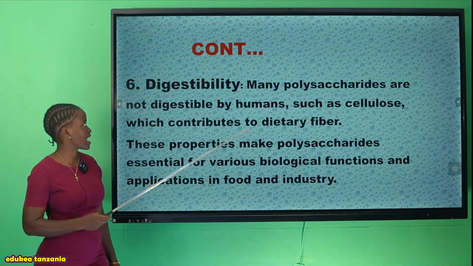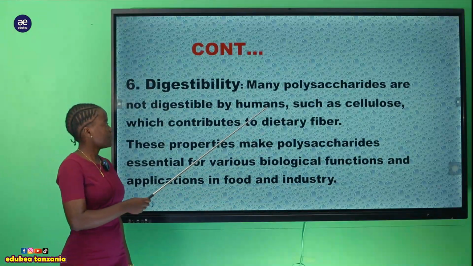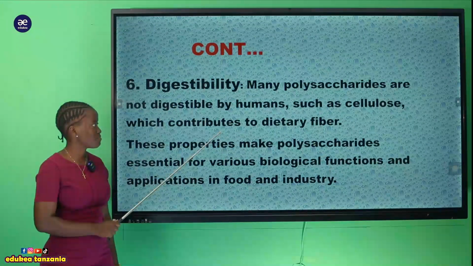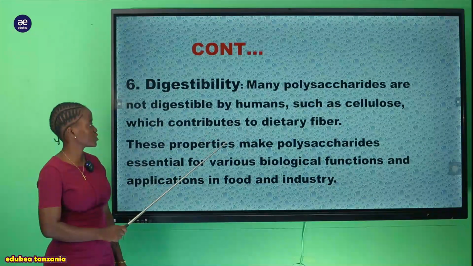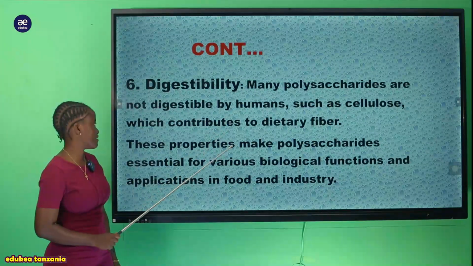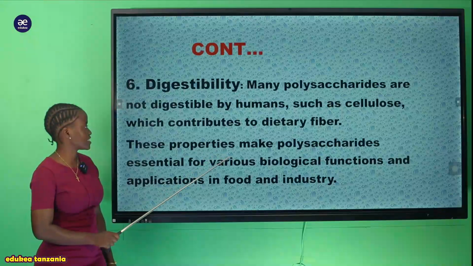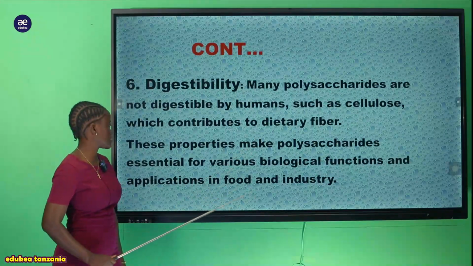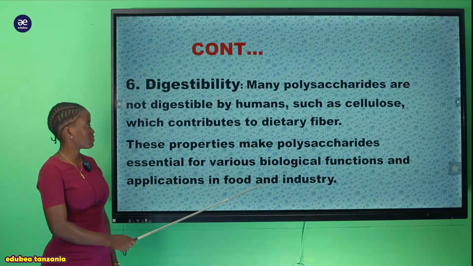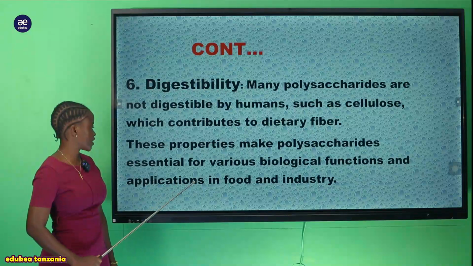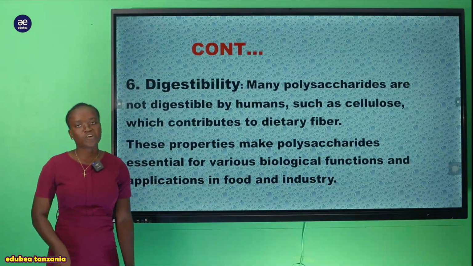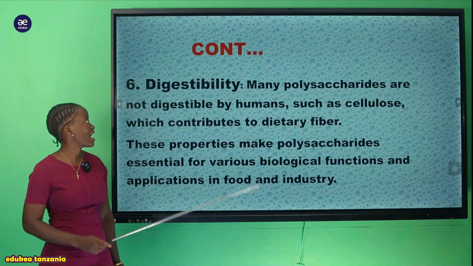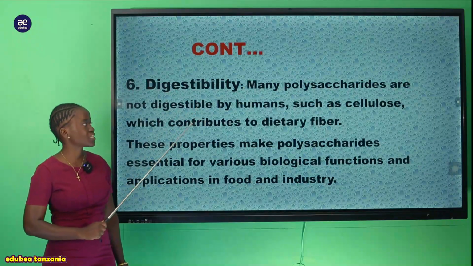Another property is digestibility. Many polysaccharides are not digestible by humans, such as cellulose, which contributes to dietary fiber. These properties make polysaccharides essential for various biological functions and applications in the food industry. Most of these polysaccharides are not digestible.